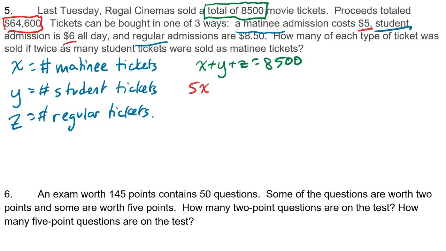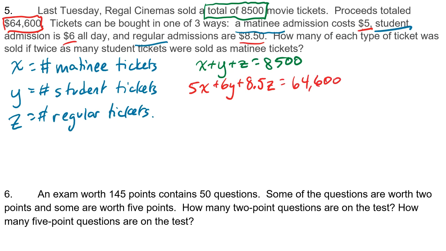Student tickets were $6, so that's 6y. And then regular admissions were $8.50, so plus, I'm just going to put 8.5z. If you put 8.50z, that's perfectly fine. It'll be the same thing. That's going to be 64,600.